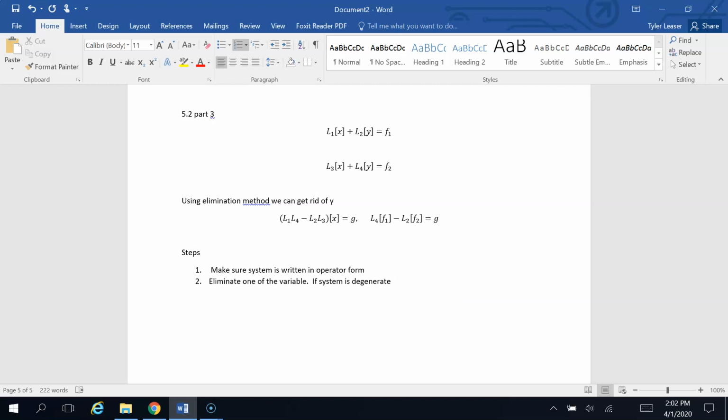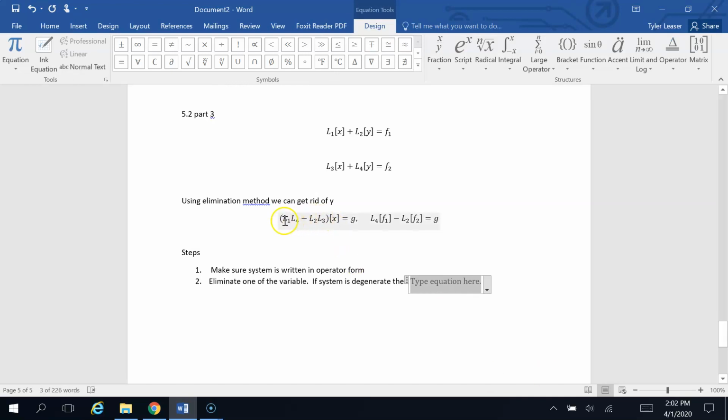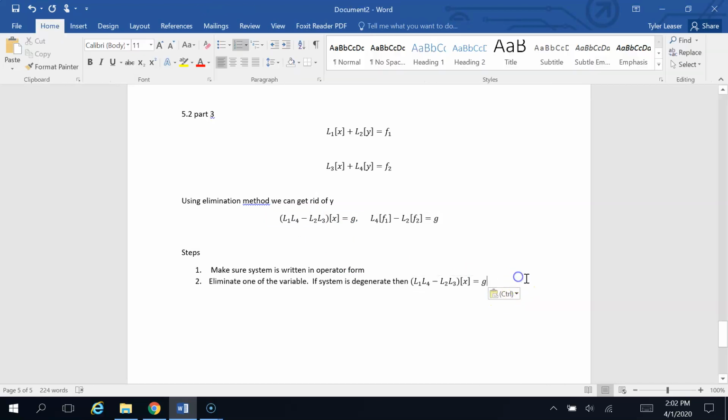So if the system is degenerate, then we're going to be using that thing that we just wrote down above, this. Let me just copy it. All right. So, if possible, the next thing that you want to do is use the system to derive an equation that involves just x of t or y of t.